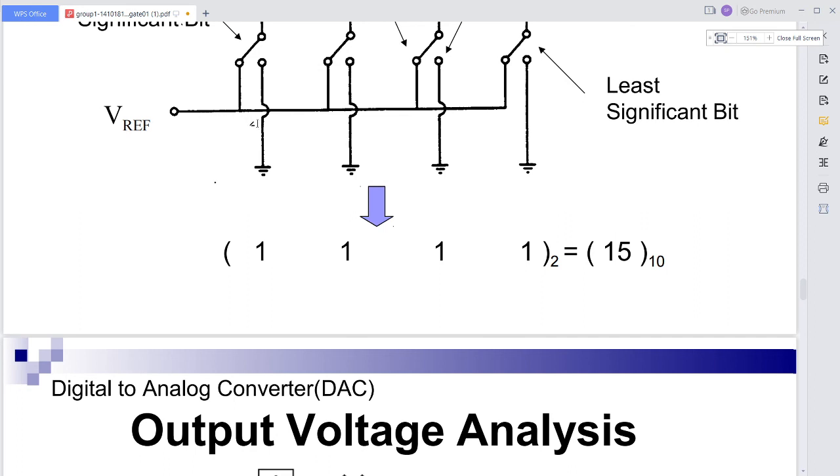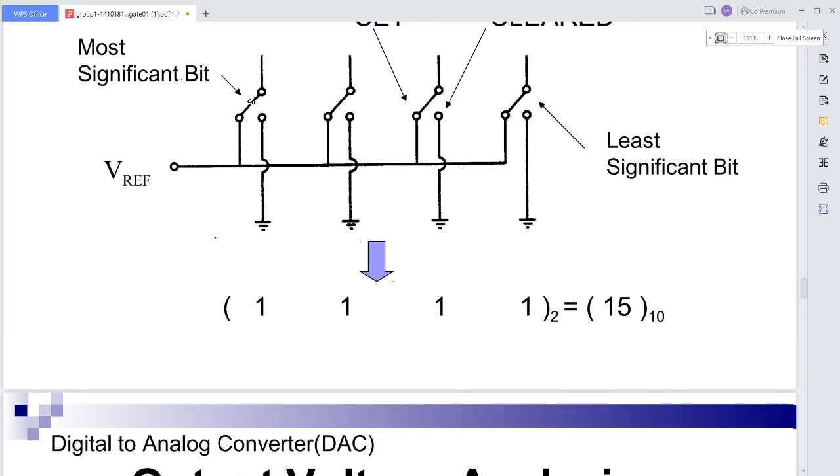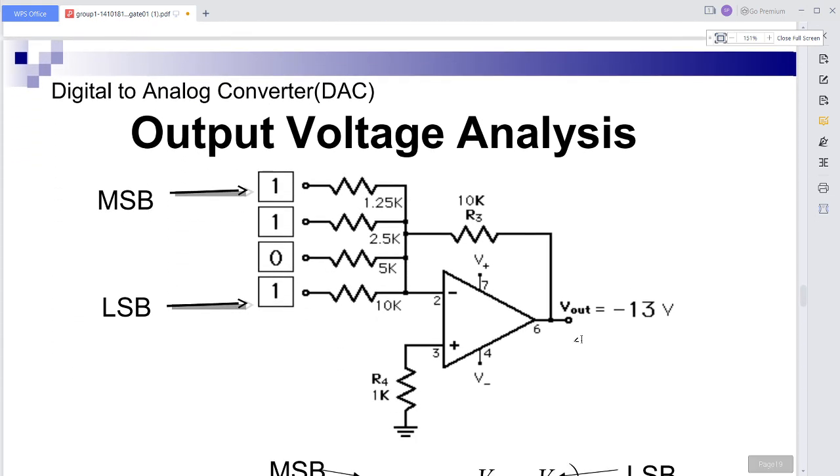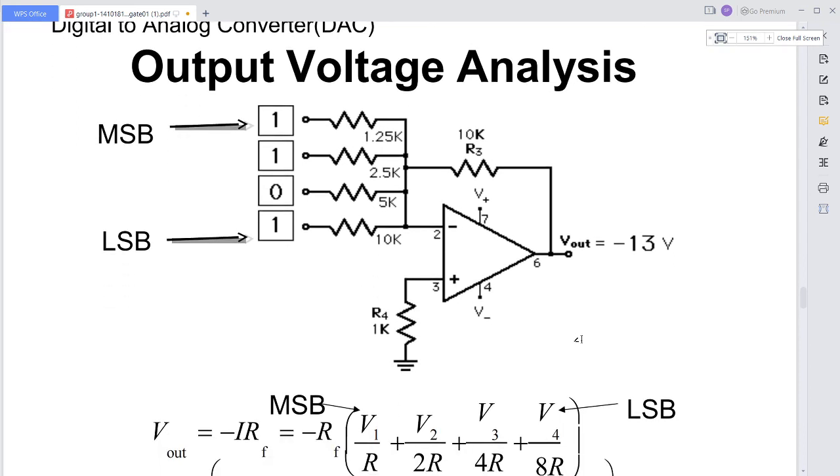If it is 1, then these switches are closed, so that by making use of the V reference it generates the current, and that current goes through the resistance R. And here also this bit is 1. So if the digital data is 1111 in binary form, its equivalent decimal will be 15 only.